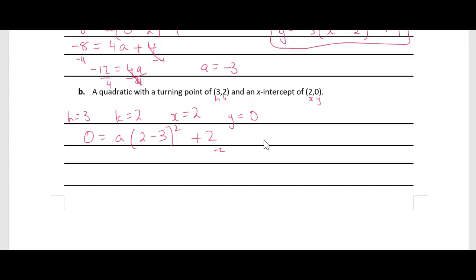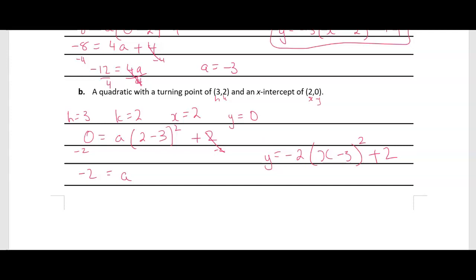All right, take away 2 from both sides. And then 2 minus 3 is -1. -1 squared is 1. So a is equal to -2. So our equation is y equals -2 times x minus 3 squared plus 2.